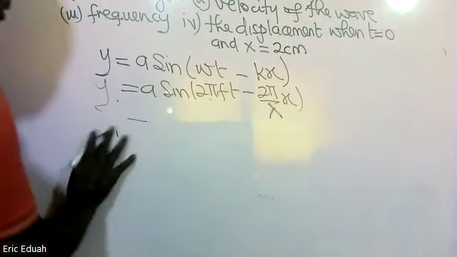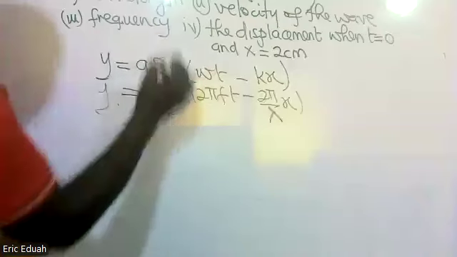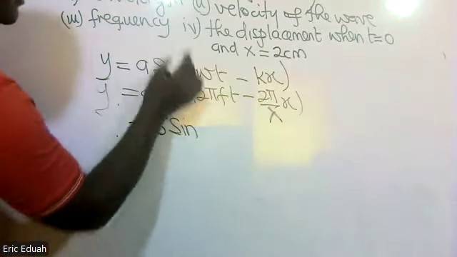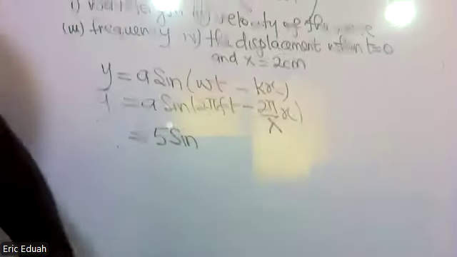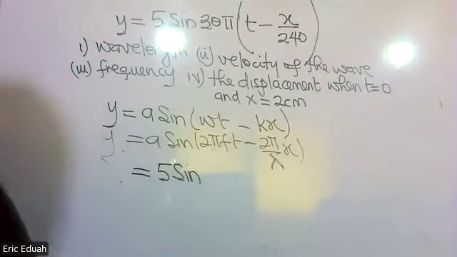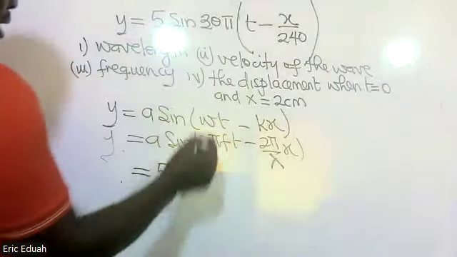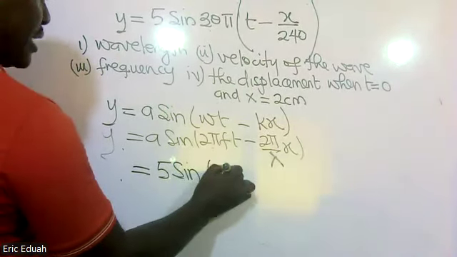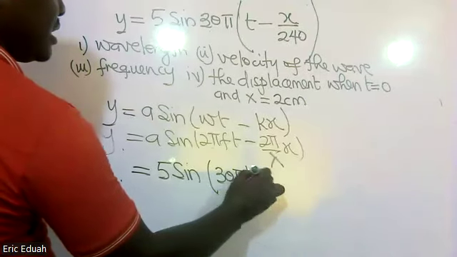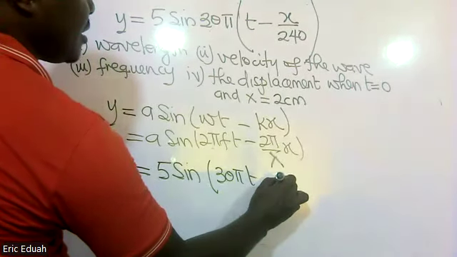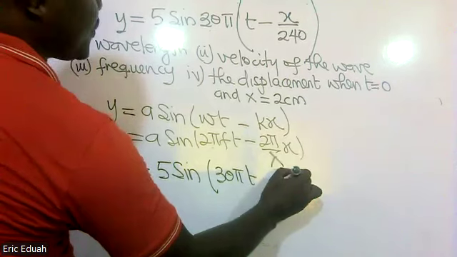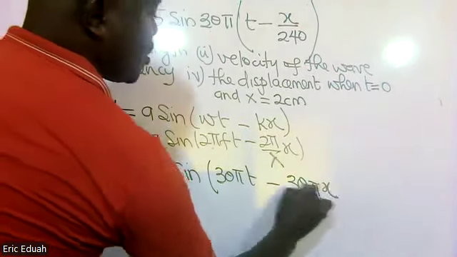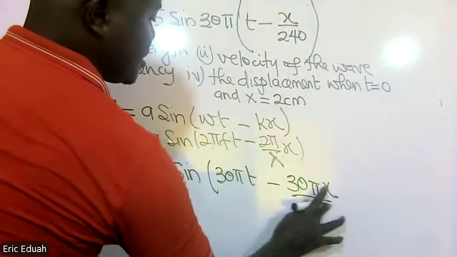Yes, sir. So the best way out is that 5 sine, let me push the 30 pi, which is outside the bracket, into the equation before I make the comparison. So I have 30 pi t minus 30 pi x on 240.